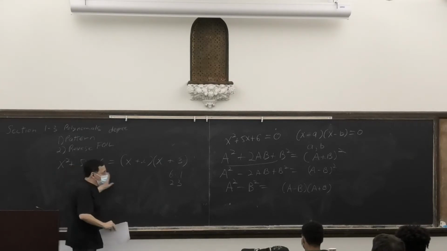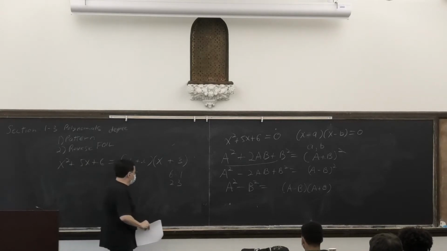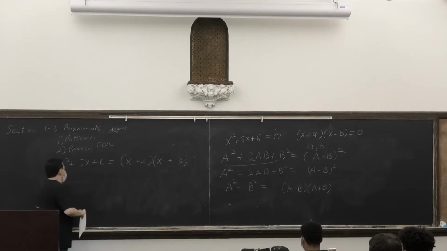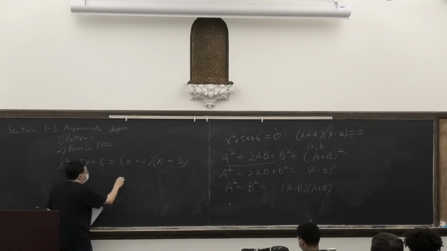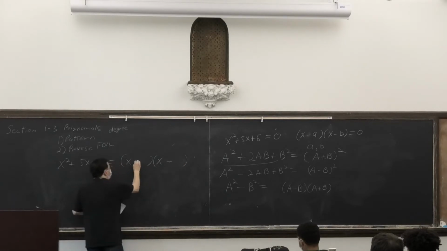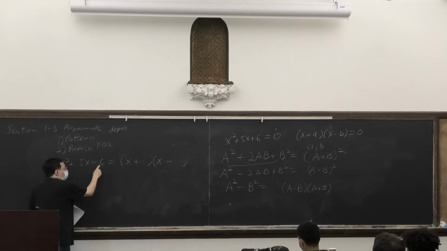Now this is the easiest reverse FOIL you're going to run into. As soon as one of these pluses becomes a minus, things get more complicated. Now a minus 6 tells you that one of these will be minus and one will be plus. That's how you get a negative down here. So that complicates things.